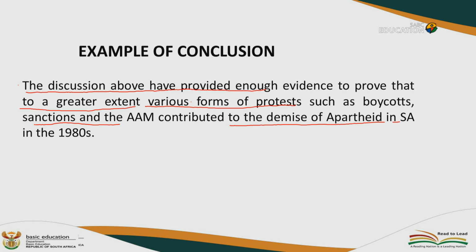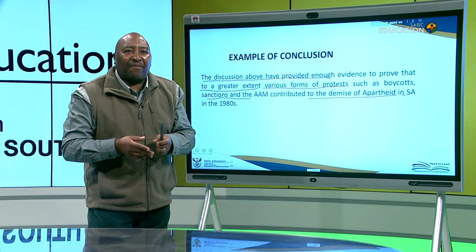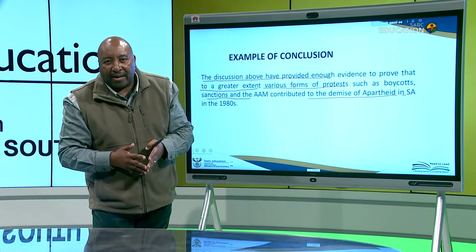In that case, this is a properly contextualized conclusion. So we've got a properly contextualized introduction. We've got a properly contextualized conclusion. We also have a body, a compelling body that has evidence in a form of a pill structure.